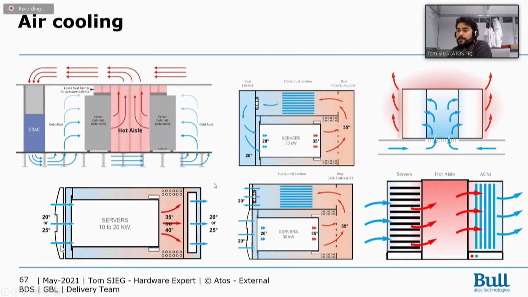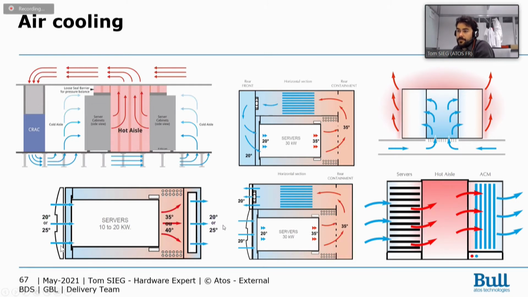Okay, which means no one can stay inside the data center more than 10 minutes. Oh, in fact, we will never have a temperature like this in the data center, of course. I mean, this temperature is an example when you are directly at the rear of the rack.